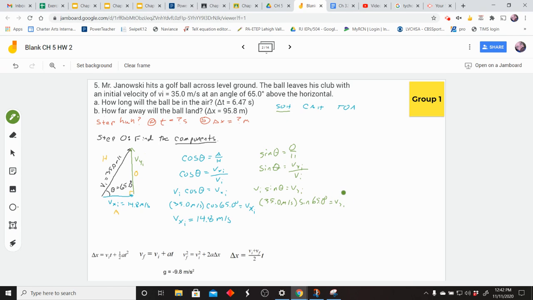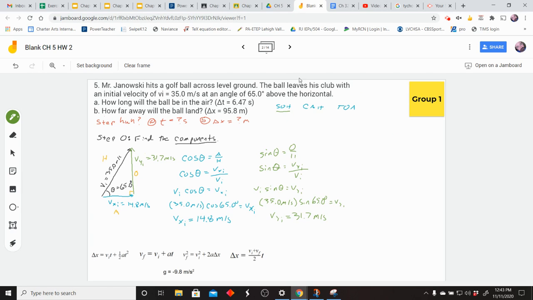Ask your calculator, 35 times sine 65.0, and you get 31.720, et cetera. We'll round off a little bit. Vy initial is now equal to 31.7 meters per second. So this side here is 31.7 meters per second.